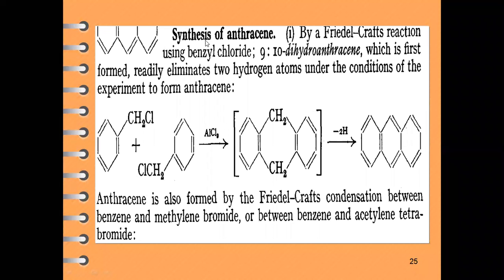The first synthetic method for the confirmation of the structure of anthracene is by the Friedel-Crafts reaction. This is a synthetic method as well as a structure confirmation method. In this Friedel-Crafts reaction, we use an acyl chloride as a starting material, that is benzoyl chloride.